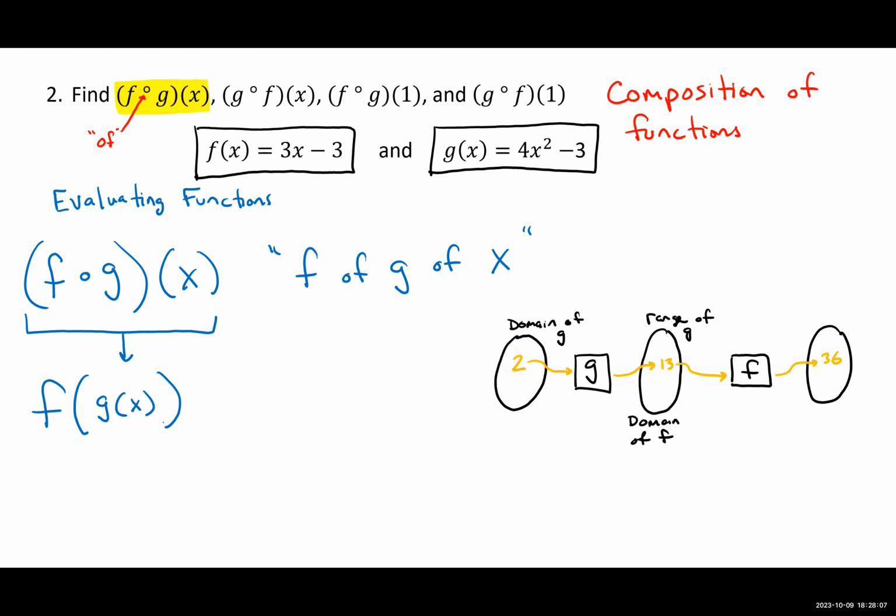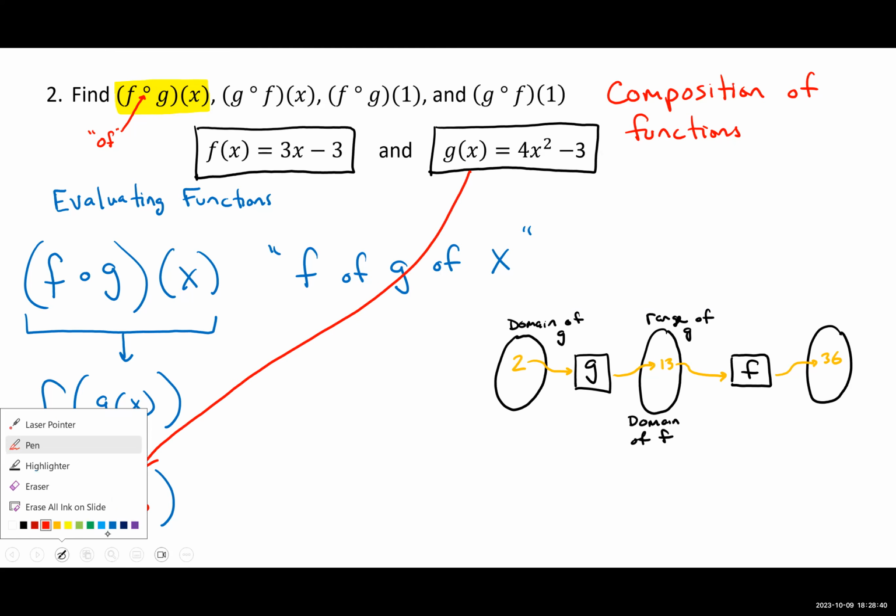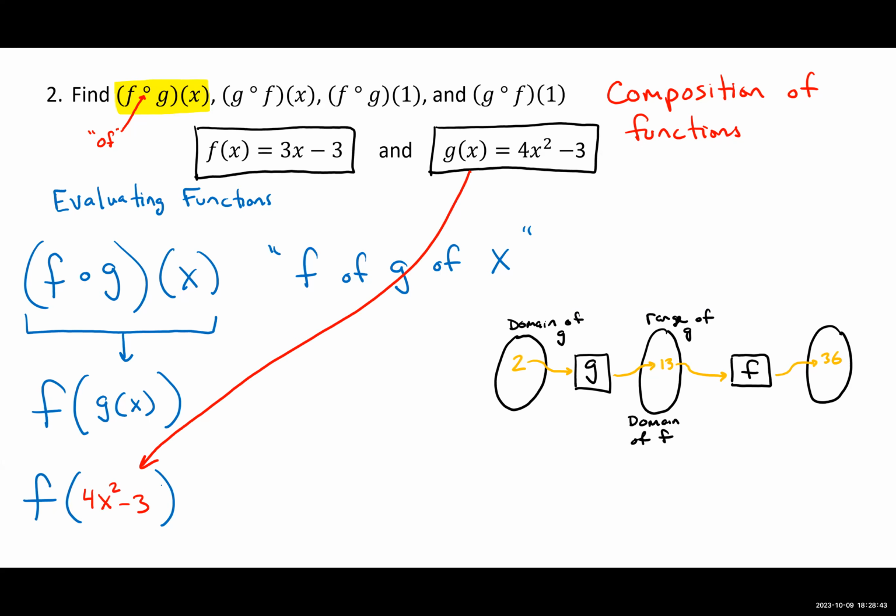What that means is inside the parentheses for the f function, there is 4x squared minus 3. We're taking the entire g function, the 4x squared minus 3, and we're plugging that entire thing into the f function.